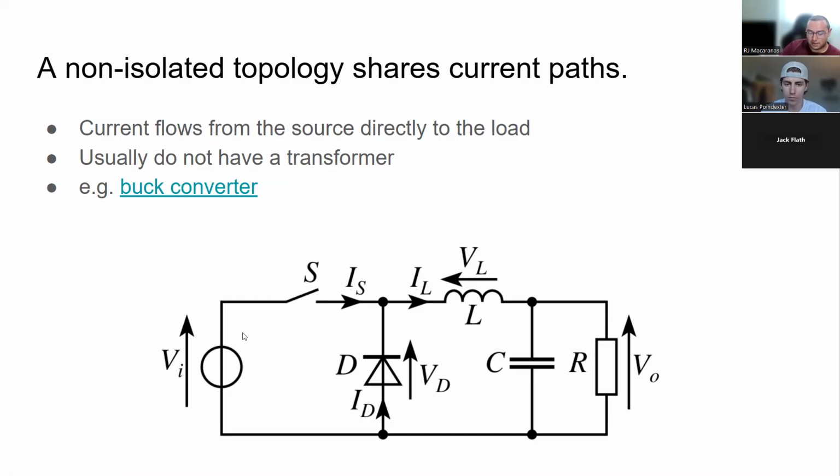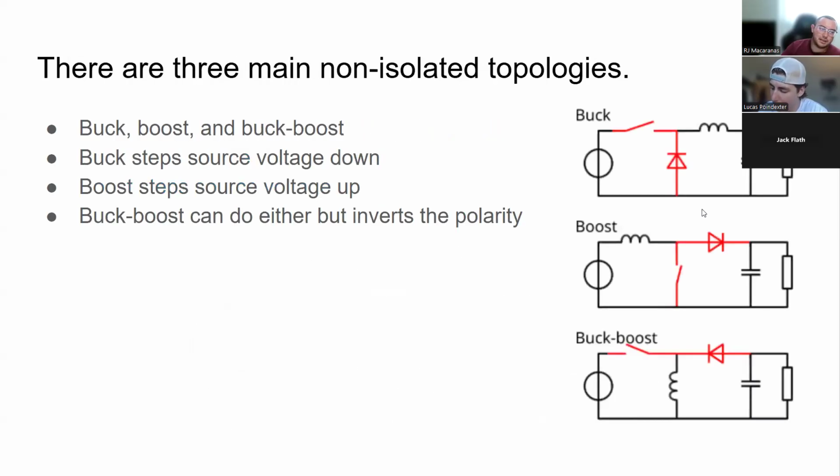Here we've got a direct path from the input to the output, and they're both returning through this ground node. So these non-isolated topologies share current paths. There are three main types: the buck, the boost, and the buck boost. I got them here directly from Wikipedia.